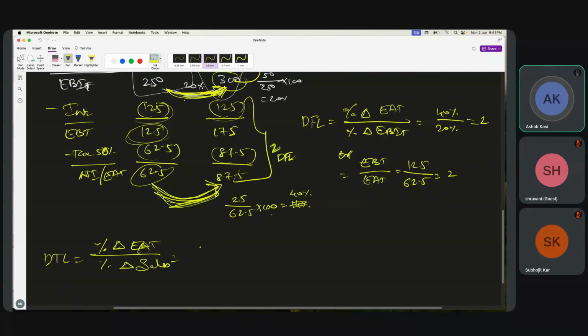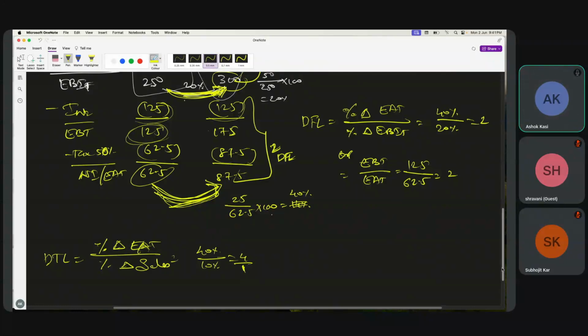Earning after tax is 40 percentage, sales is 10 percentage, so it is 4. That means for 1 percentage change in sales, 4 percentage change is happening in earning after tax. This is total leverage, which is extremely good for the company. A slight increase in sales makes a huge increase in earning after tax.